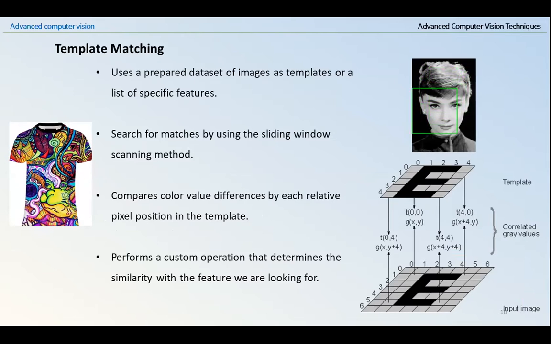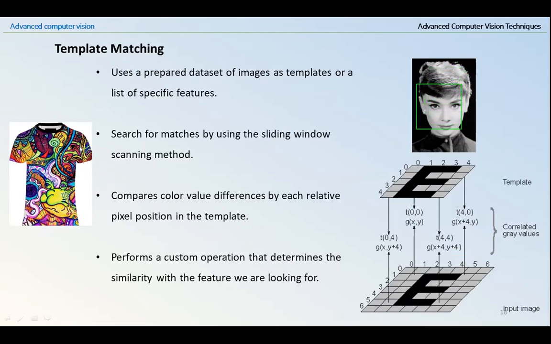Next one. Sometimes looking for a specific color doesn't work very well. Like if we have to find this specific t-shirt in an image, it's going to be pretty tricky, right? So how can we tell the computer to find this in an image with uncontrolled background?